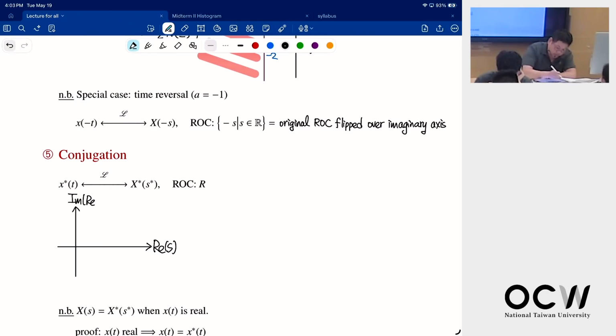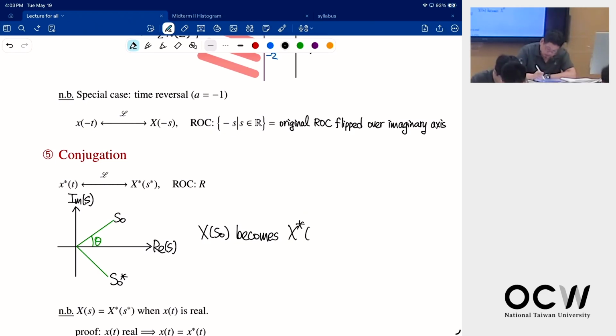If this is S naught, then the conjugation is symmetric about the real axis. So the Laplace transform becomes your original Laplace transform conjugated, and S naught also conjugated.